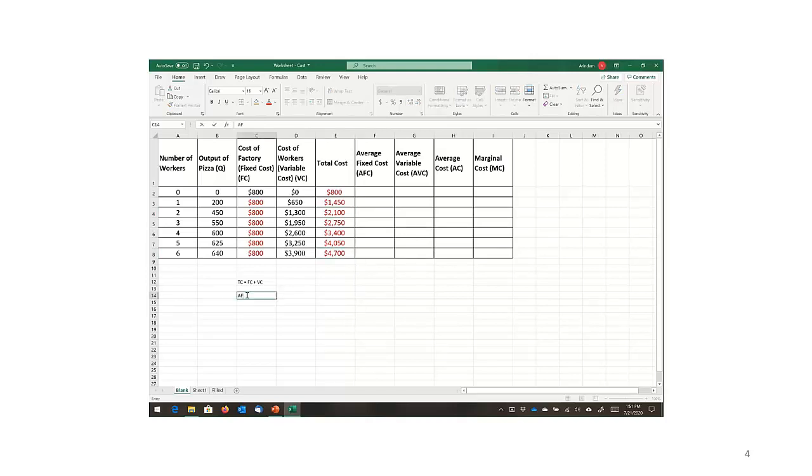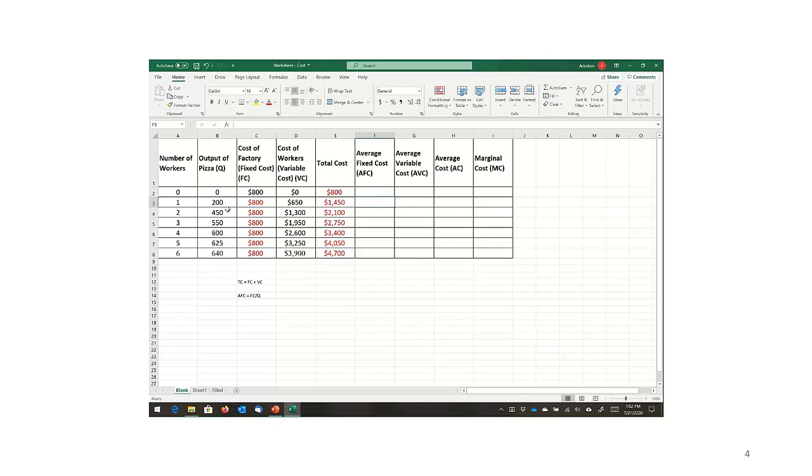We know average fixed cost is equal to fixed cost divided by quantity. That's how we calculate it. In this case, for the first one, you don't have to calculate, because when you divide 800 by 0, which is the quantity, it is not defined. It's a mathematical impossibility.